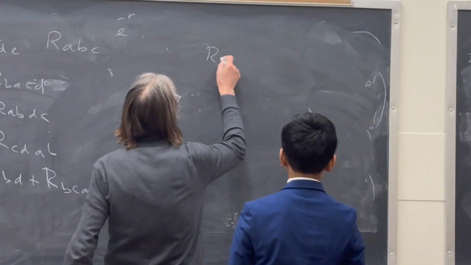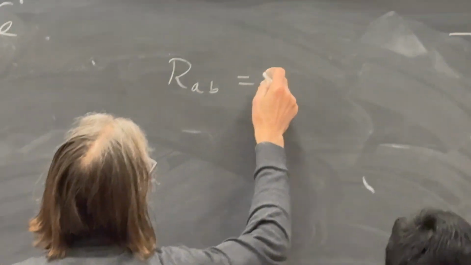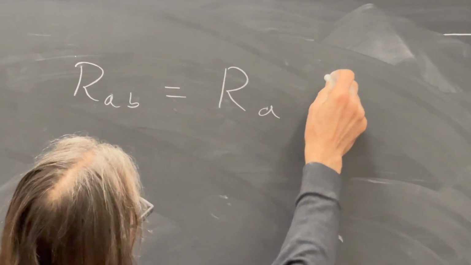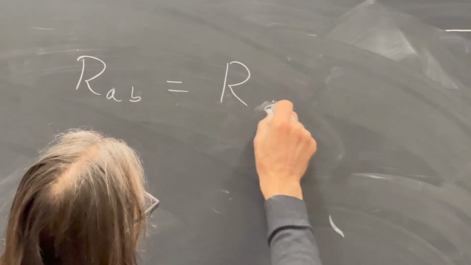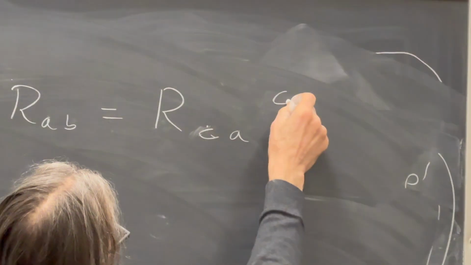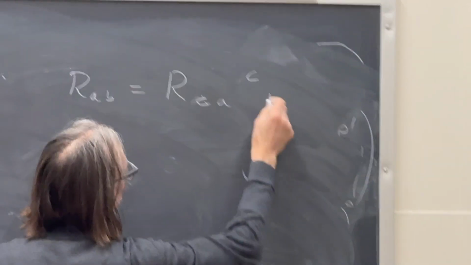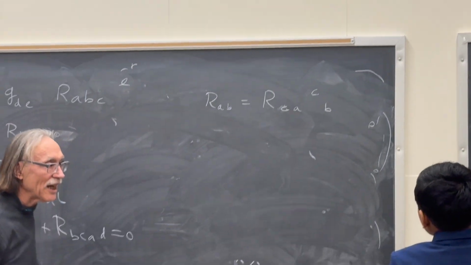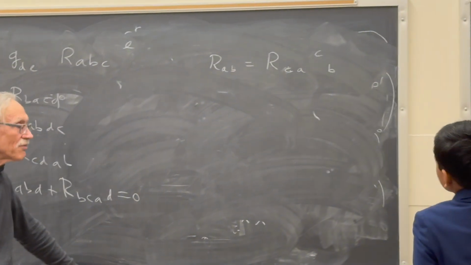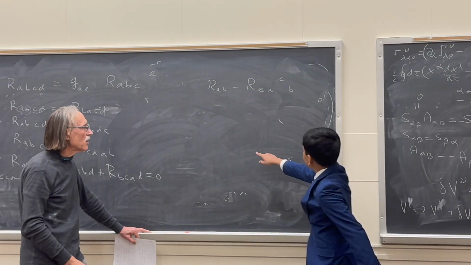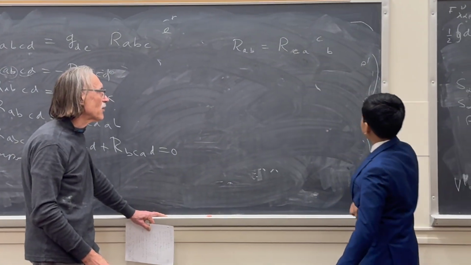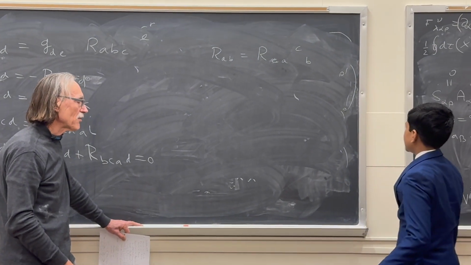So we have, say, R_{ABC}; we contract the first with the third index. So say that is A, that is C, and this is B. So this one is contracted. This is the Ricci tensor by definition, and this one is the Riemann tensor, with indices C, A, C.